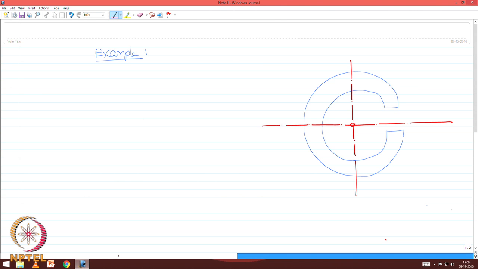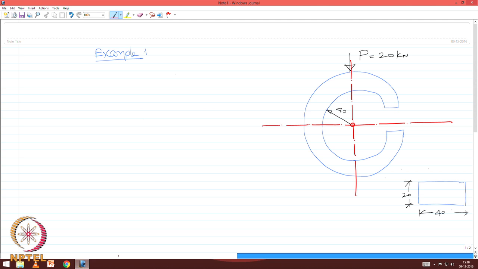If you look at the cross section, it is a typical rectangle of dimensions 40 and 20, and this radius being 40, it is subjected to a force P which is 20 kilonewton.